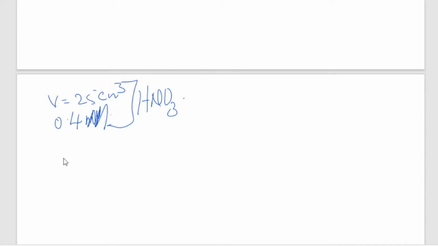So number of moles is equal to C times V. We have different methods. You can use these generals, but first principles is also fine. So number of moles here is 0.4 times 25 divided by 1000. When you do it in the calculator, it is 0.01.